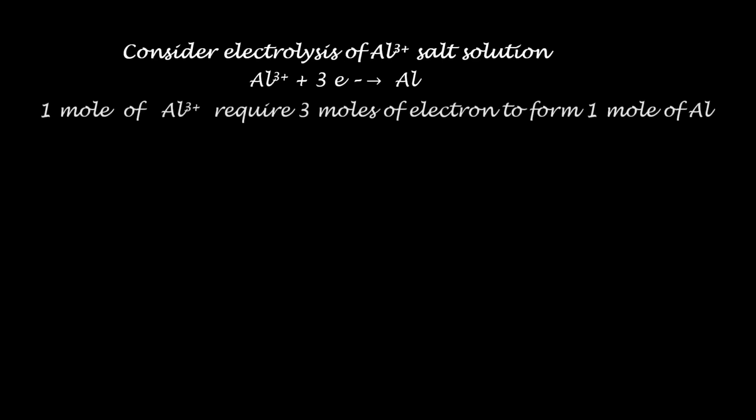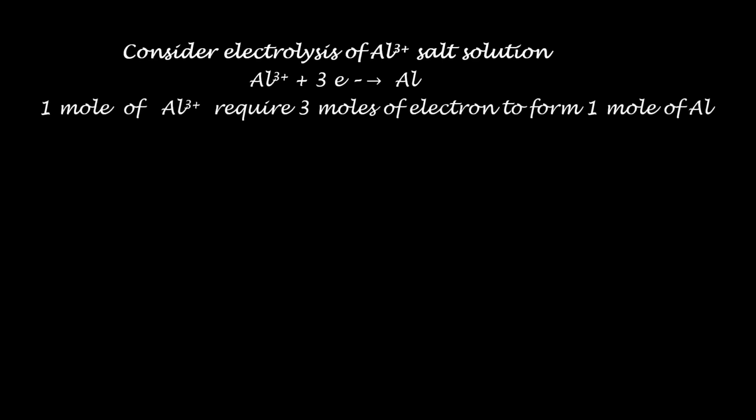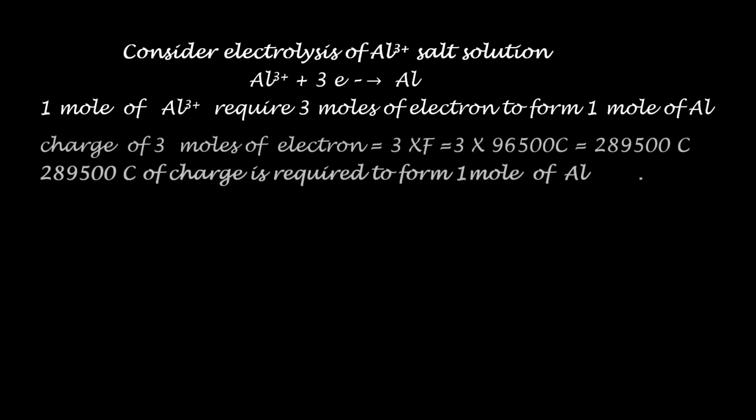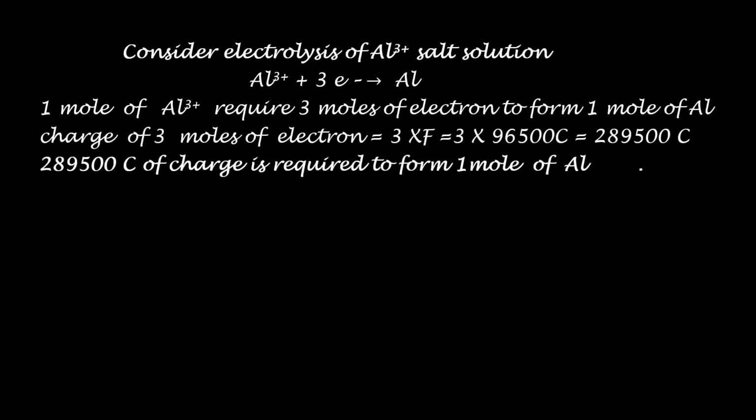So 1 mole of Al3+ ion requires 3 moles of electrons to form 1 mole of aluminum. So the charge of 3 moles of electrons will be obtained by multiplying 3 with the charge of 1 mole of electrons, that is equal to 3F. You know that 1 Faraday is equal to 96,500 coulombs.